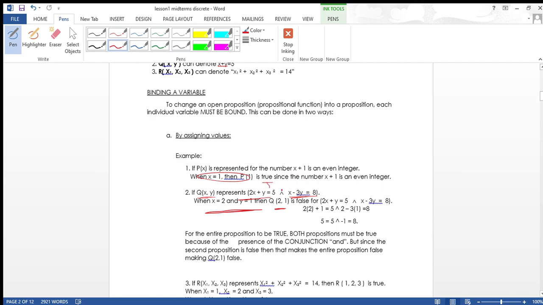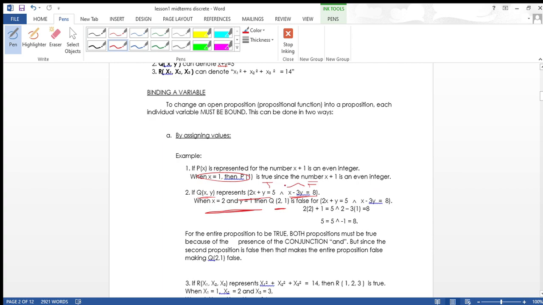And your x is 2, your y is 1, 2 minus 3 is minus 1. Minus 1, is it equal to 8? No. So this is false. We are using the conjunction and in our truth values.